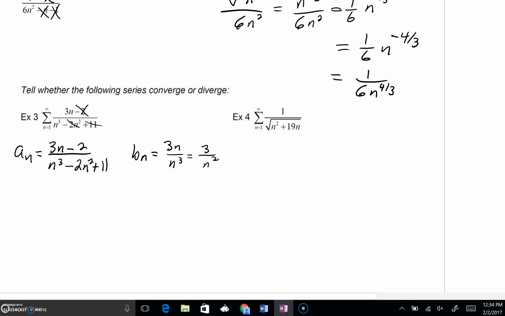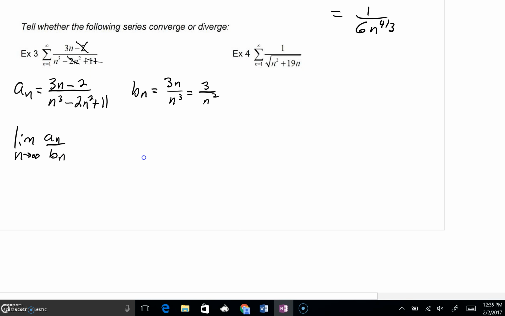Which, by the way, is a series. You put sigma in front. That's a p-series, which will converge. But the limit comparison test will say, okay, what you really need to do is look at this limit of a sub n all over b sub n. So if I may, I'm just going to write this out.